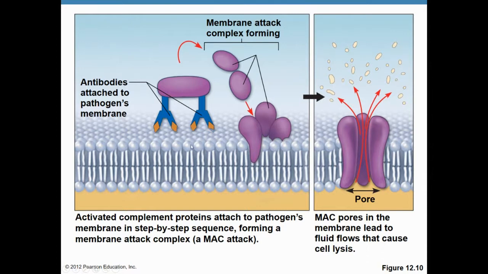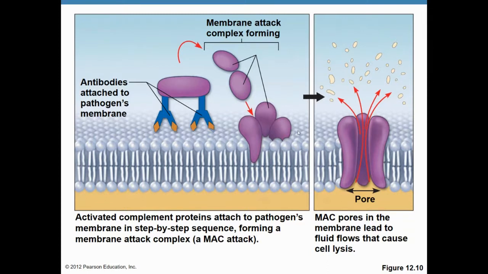But antibodies will attach to this foreign bacterium's plasma membrane, and they will get these binding sites that align. And so these complement proteins will start this cascade reaction where the activation of the first is going to activate the second, which activates the third.